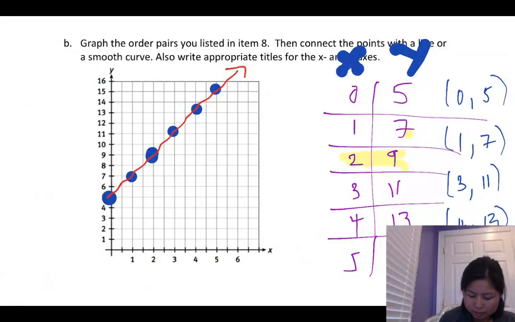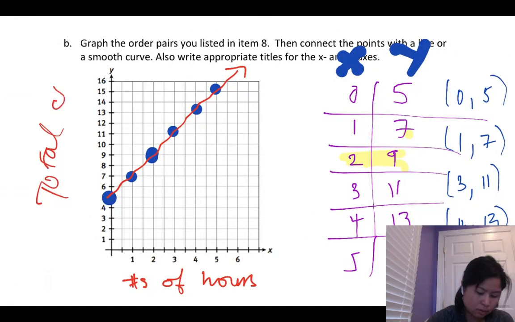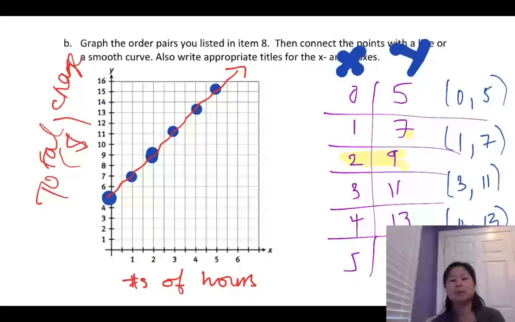And on the bottom, I'm going to make sure that I label this one number of hours. And this is the total cost in dollars. So that's what I mean by label the title. I use the table that I created. I plot the points, connect the dots, and this is my graph.